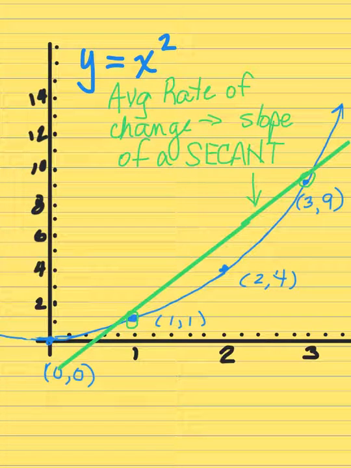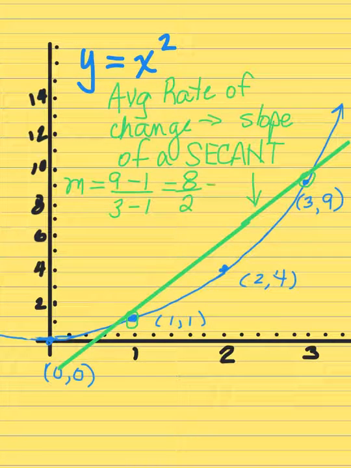And of course it wouldn't be hard to find the slope of that secant line, because that would be 9 minus 1 over 3 minus 1, which would be 8 over 2, which would be 4. So the slope of that secant line is 4.